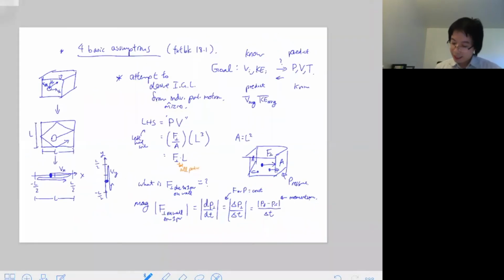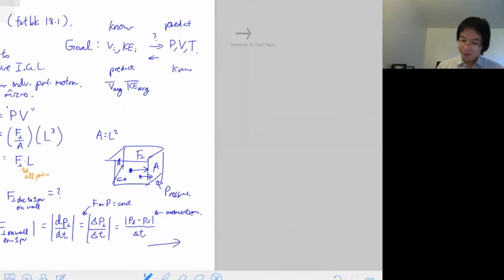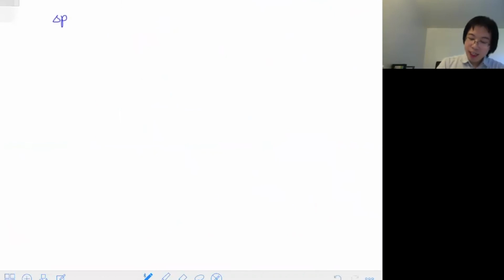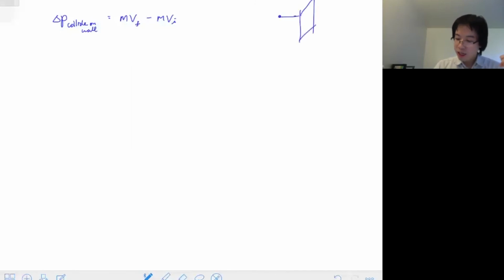So what is delta p? When colliding on a wall, the final momentum is mv, and we want the final minus initial. But the mass doesn't change when it collides with the wall, right? So at first, let's say you have Vx, and then you collide.